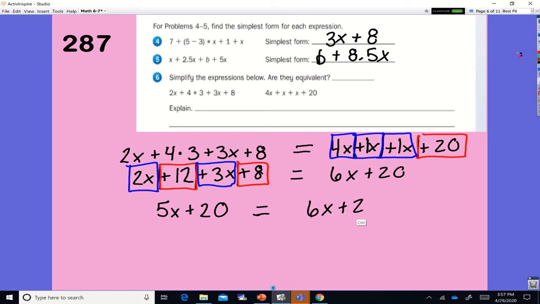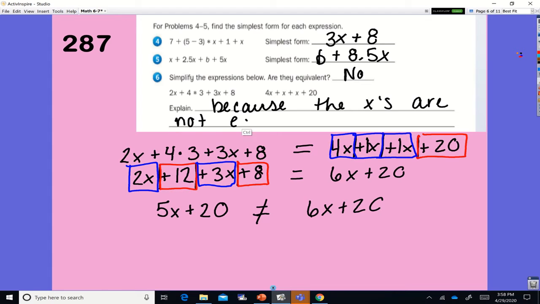Is 6x plus 20 equal to 5x plus 20? No. So we are going to put no here because the x's are not equal to one another.